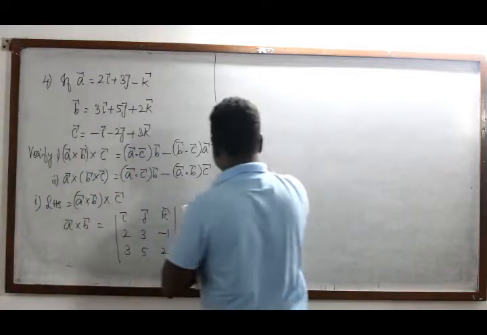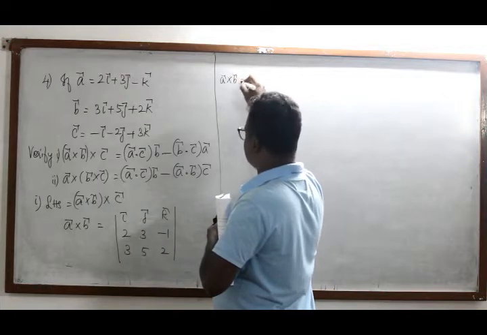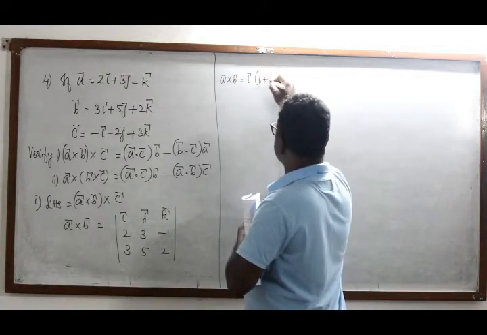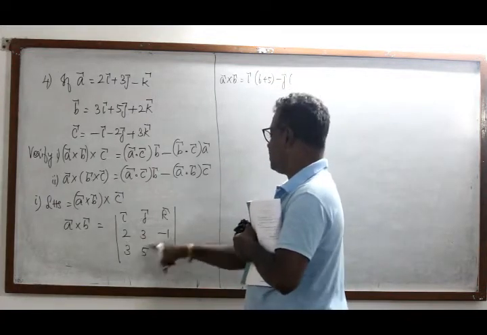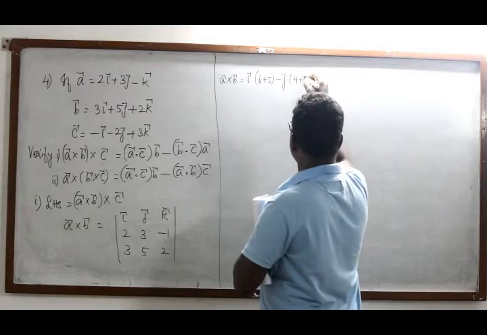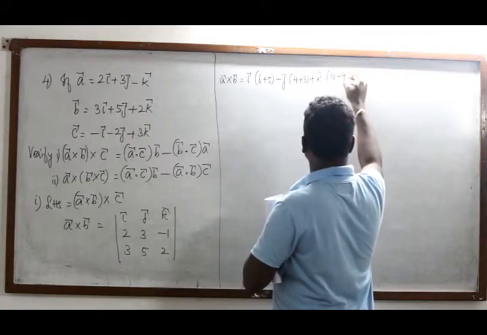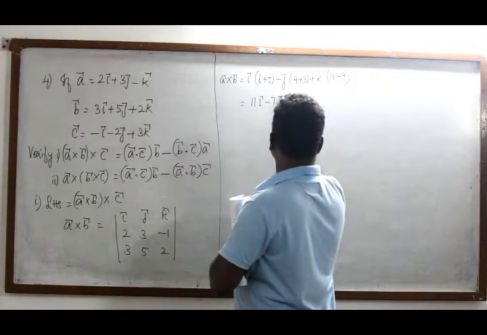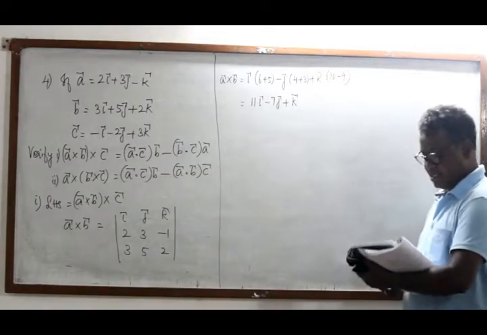We shall expand this. So A cross B equal to i into 6 plus 5 minus j into 4 plus 3 plus k into 10 minus 9. It is 11i minus 7j plus k. This is our A cross B.